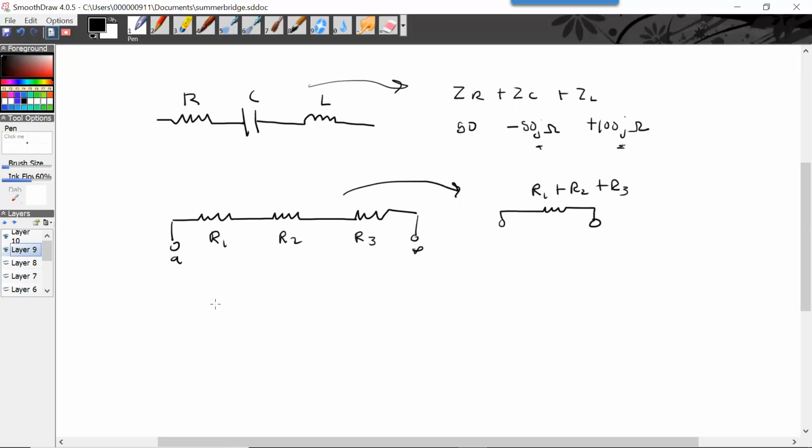And then what's a little harder for people to remember, even myself, is parallel. That equivalent is 1 over R1 plus 1 over R2.